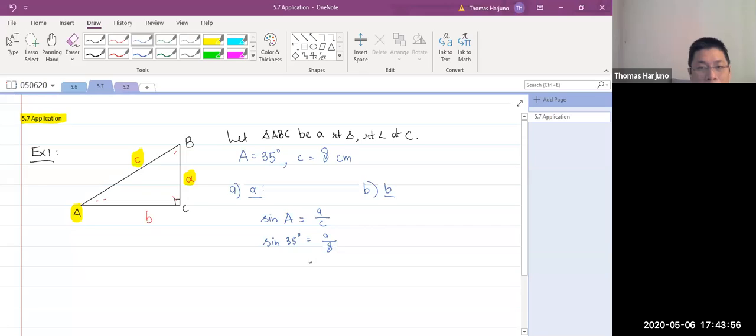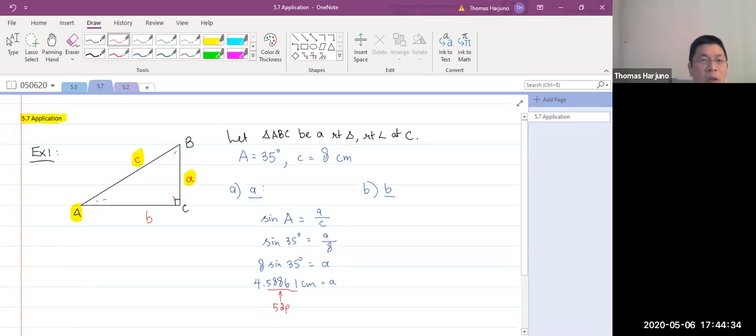Therefore, a equals 8 times sine 35 degrees. Then you use your calculator, but make sure it is in degree mode. 8 sine 35 degrees is 4.58861 centimeters. Now always give me 5 decimal places, always.